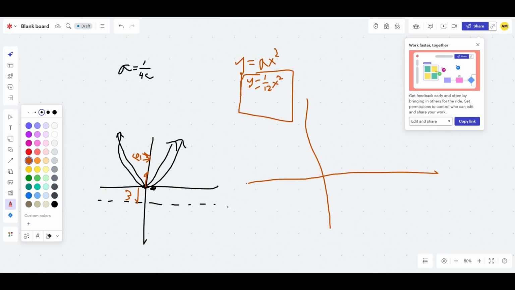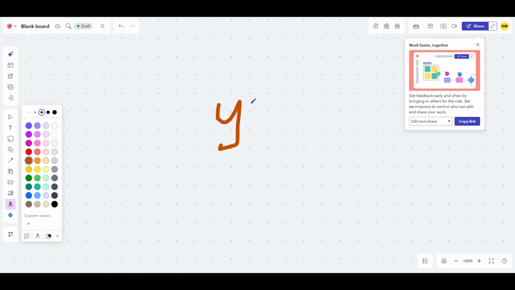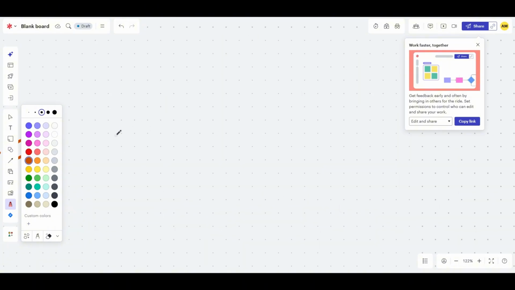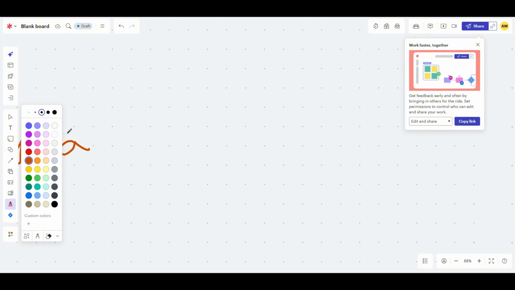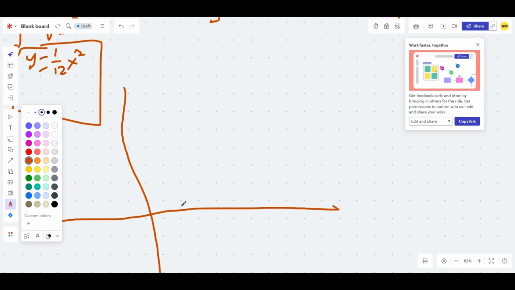Okay, so let's just say you have an equation y is equal to a multiplied by x minus h the whole square plus k. Let's say you have vertex 3, comma 1, which will be around here.